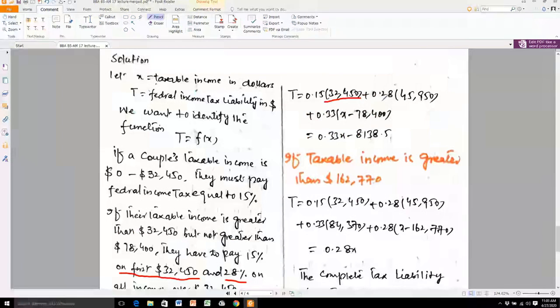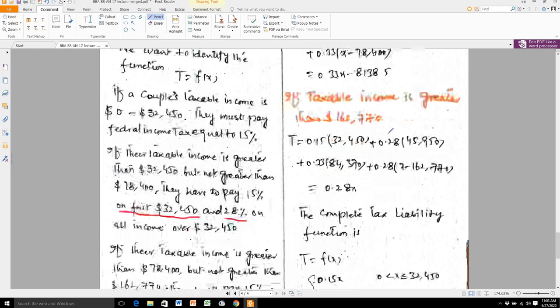When you remove the percentage sign, you get 0.28. Plus, on the excess over 78,400, 0.33 times (x minus 78,400) is chargeable. When you simplify this, you get 0.33x minus 8,138.5.